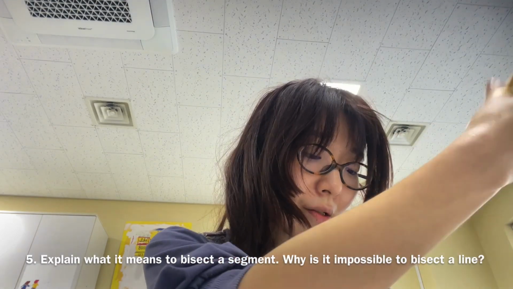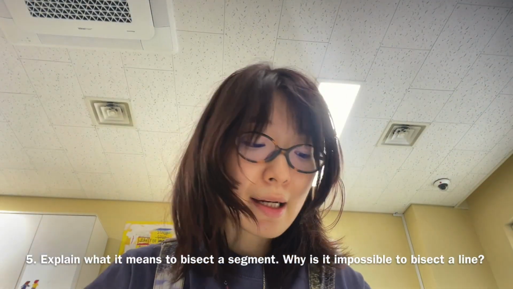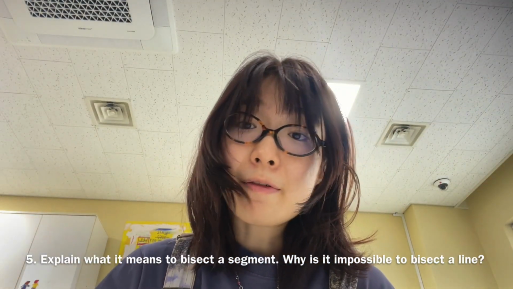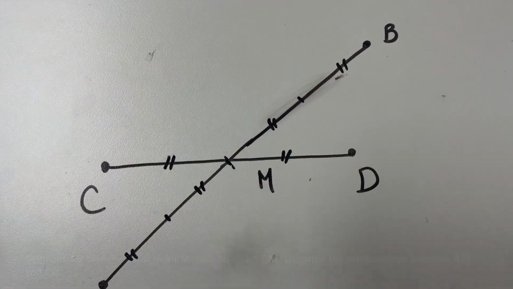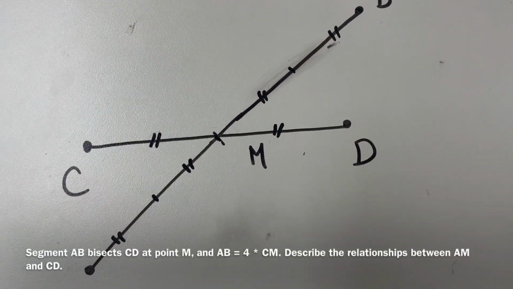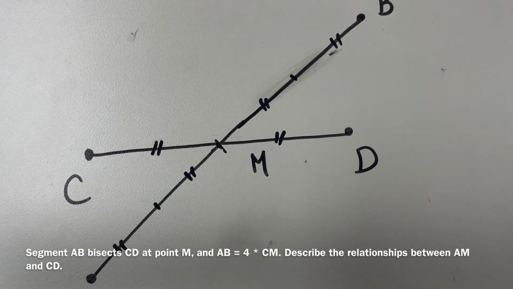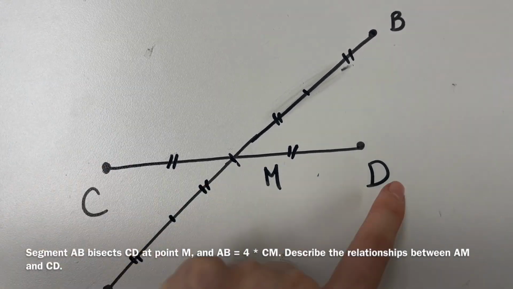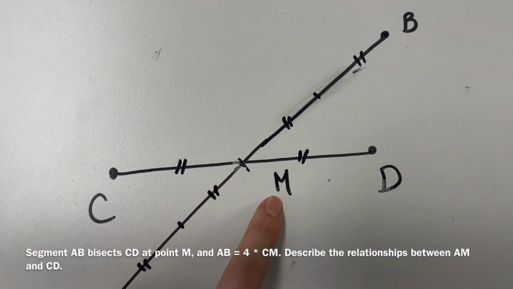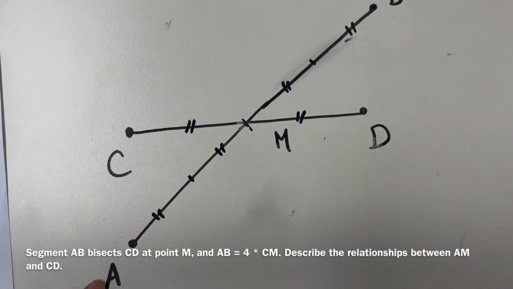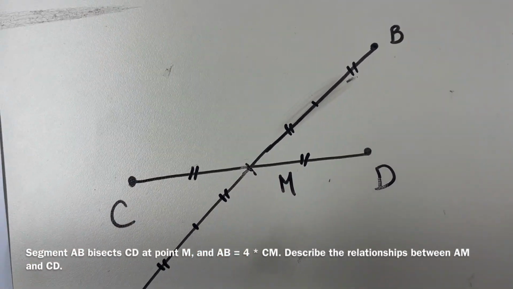All right, so now speaking of bisection, we have segment AB. For number 6, AB bisects CD at point M. So I have a segment CD, and it gets bisected at point M by AB, right?